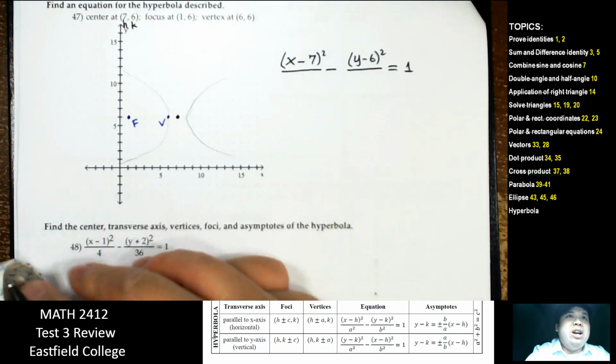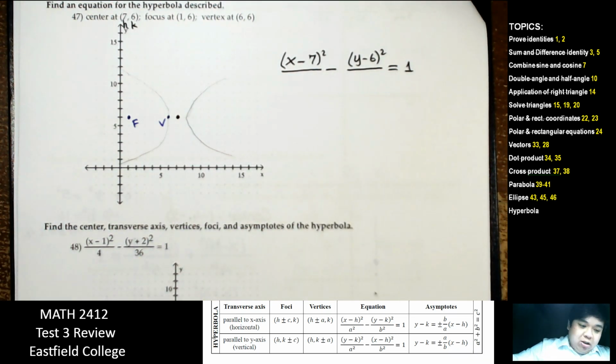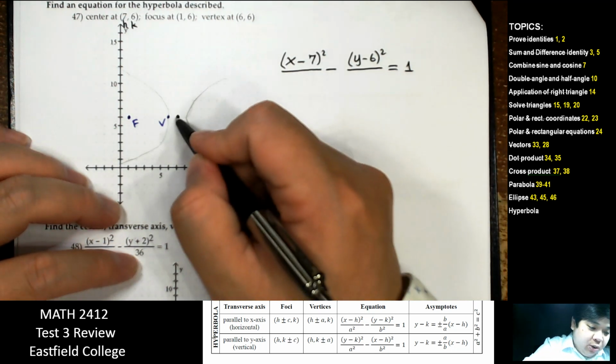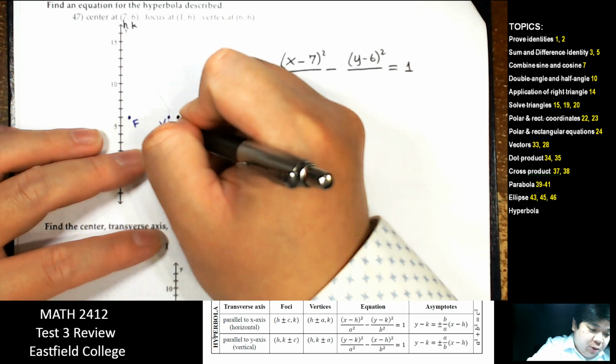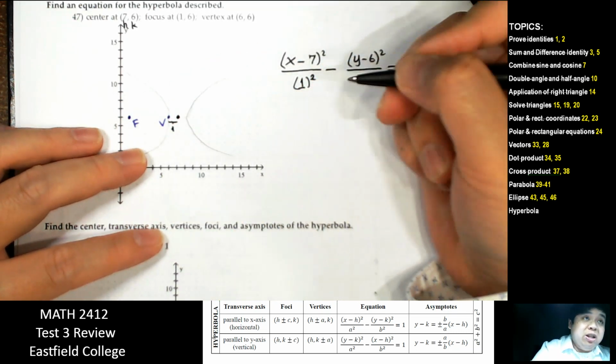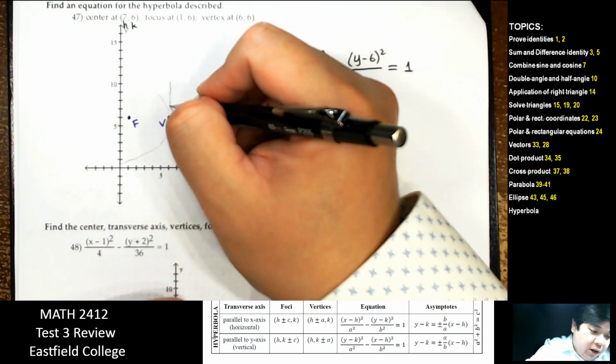So we start with that already. Now, on the x direction, we need to find the box. So the box is where we go from this to the vertex. So this is just one unit to the left. So one left, one right.